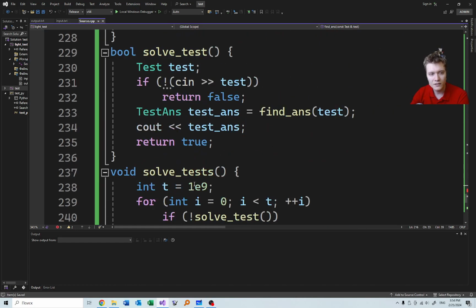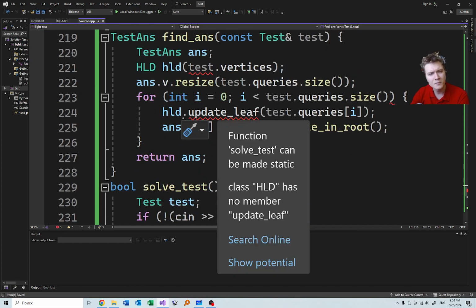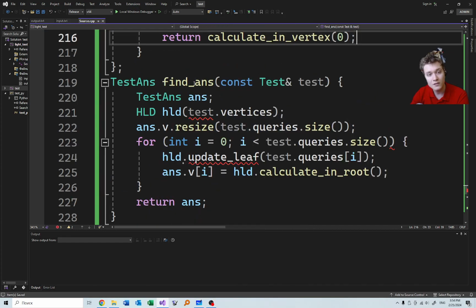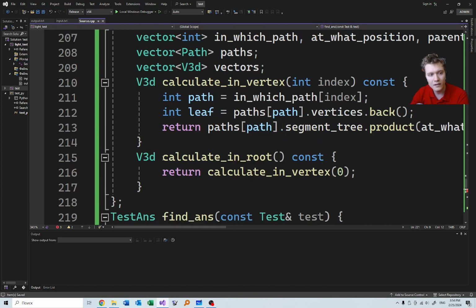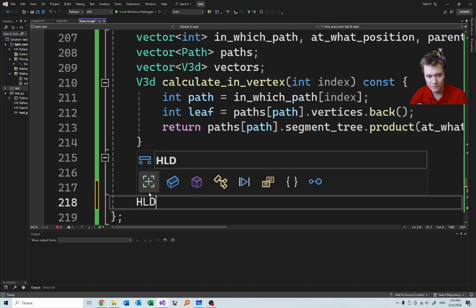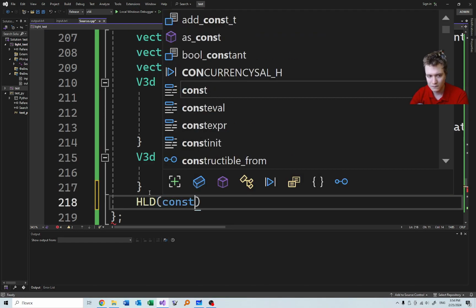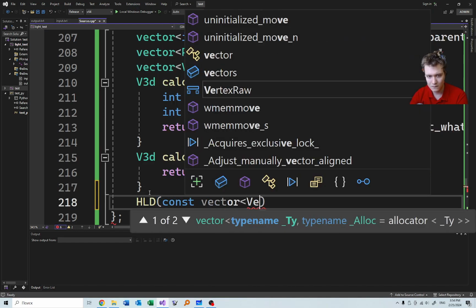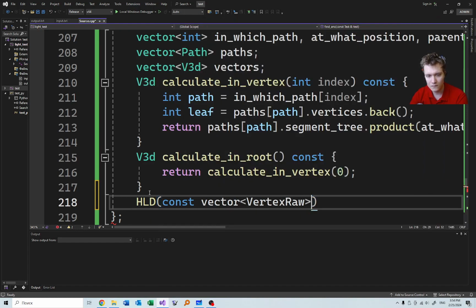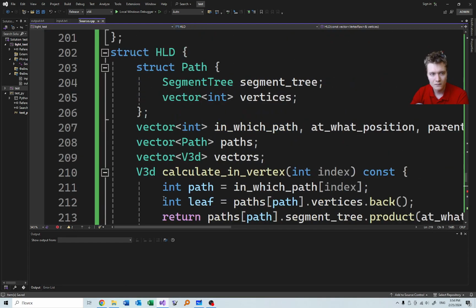Yes, so we have written one of three functions. Now we need to update leaf and the HLD constructor. I think let's write the constructor.